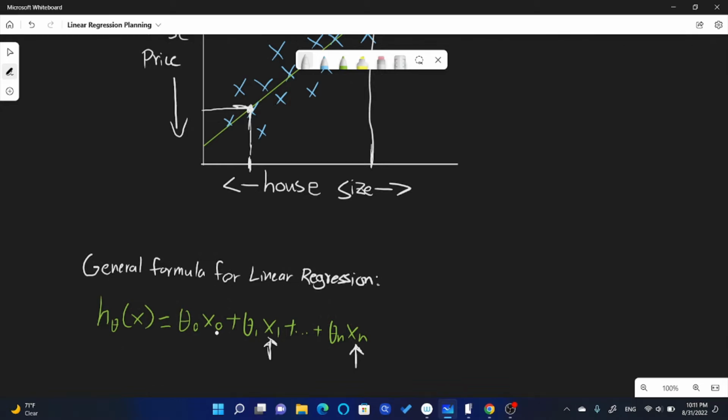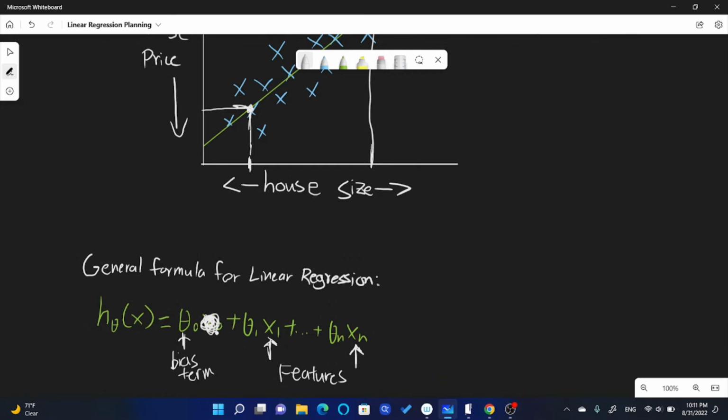And this term here is called the bias term. Let me write it out: bias term. You can just disregard x0 since it's just 1, so it doesn't really matter. And the x values are the features.